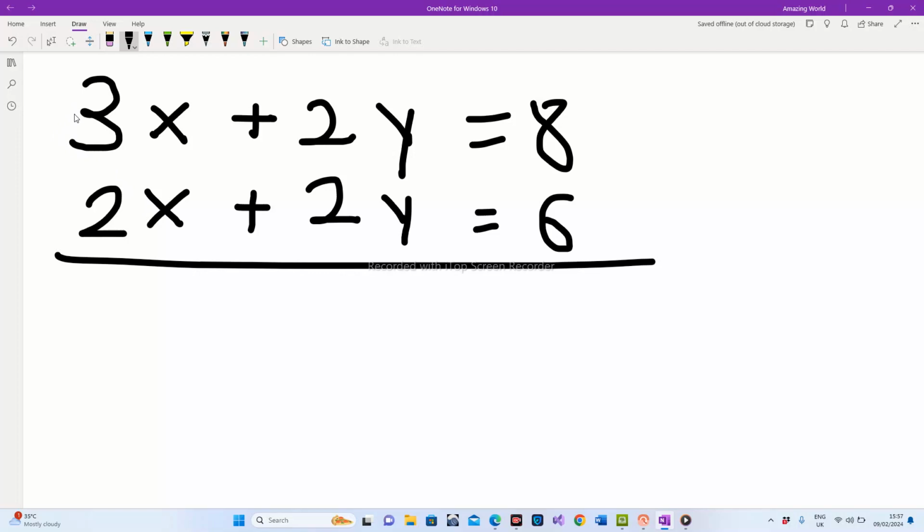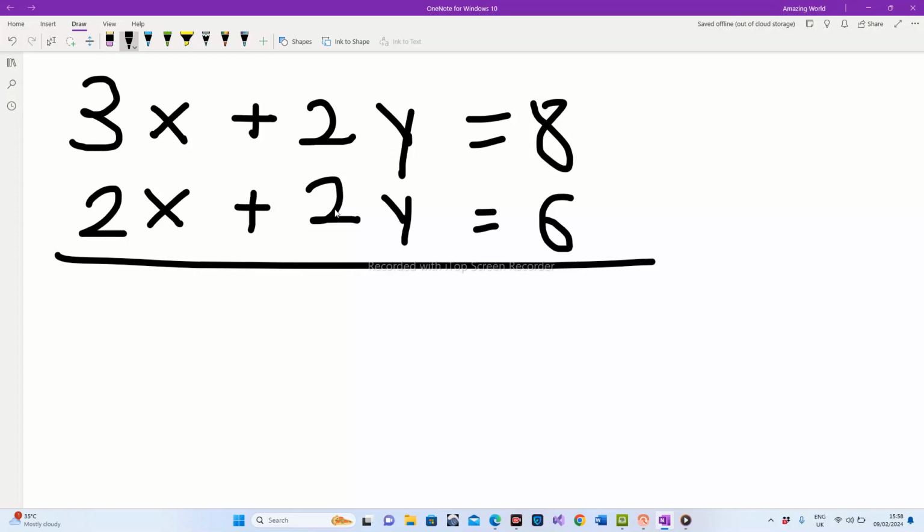Here we have positive 3, positive 2, positive 8, positive 2x, positive 2y, positive 6. Unlike the last one we did, where there was a negative sign before 2y which made it very easy to eliminate 2y, in this case we don't have negative 2y. So how do we eliminate this?